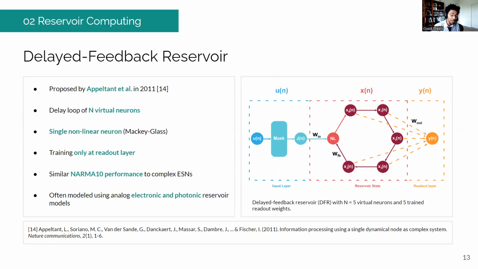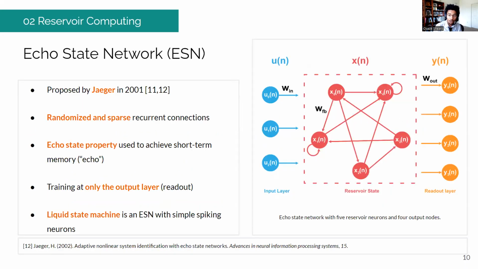The idea of using this simplified version and instead just time multiplexing the network leads us to a lot lower hardware complexity compared to the echo state network, which I show here, wherein we can have a lot of neurons, but all of those neurons are going to incorporate their own specific activations, right?